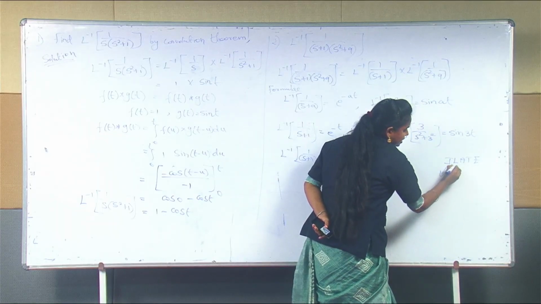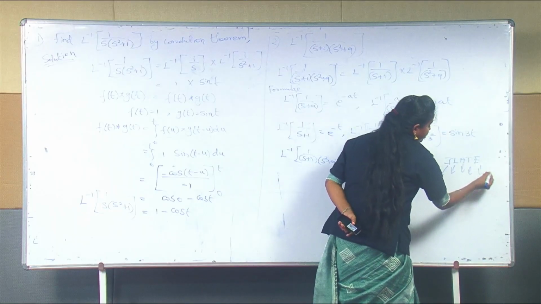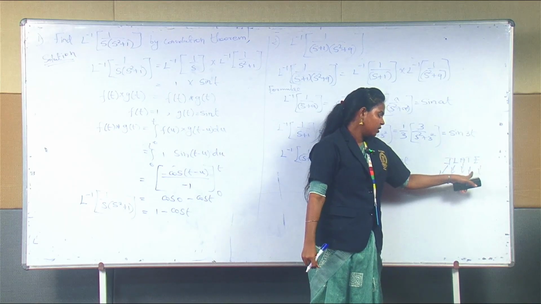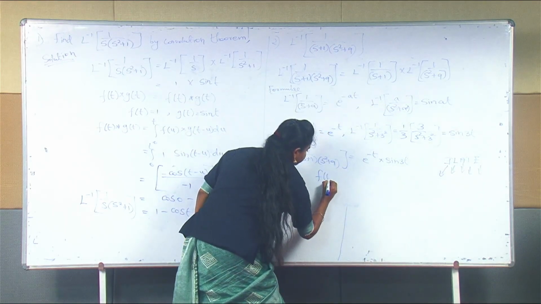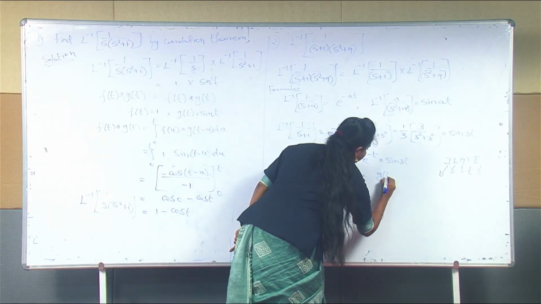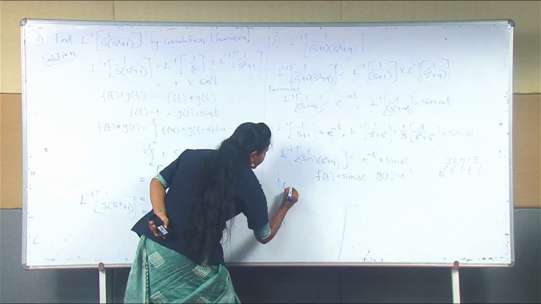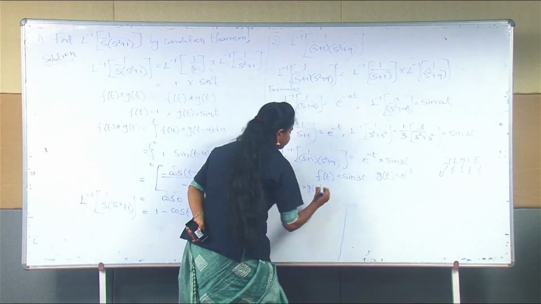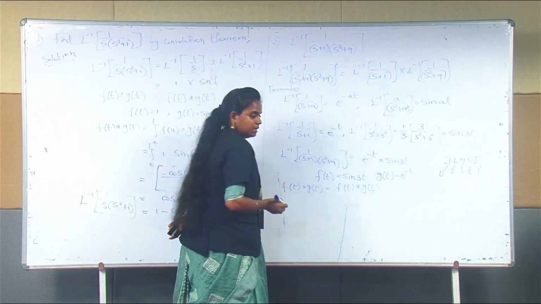This is inverse, this is logarithm, this is algebra, this is trigonometry and exponential. So we are having trigonometry and exponential. Here trigonometry we have to take first. Okay. So f of t is sine 3t and g of t is e power minus t.